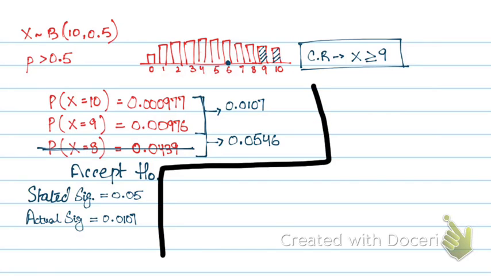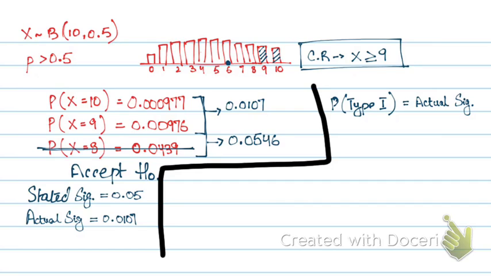So where else will I use my stated significance level? If I have to find the probability of type 1 error, this will become simply my actual significance level.